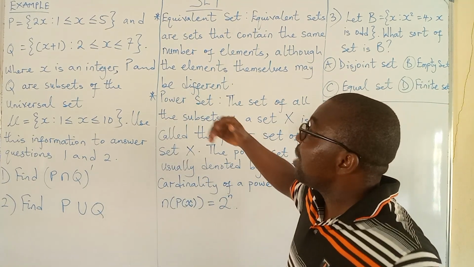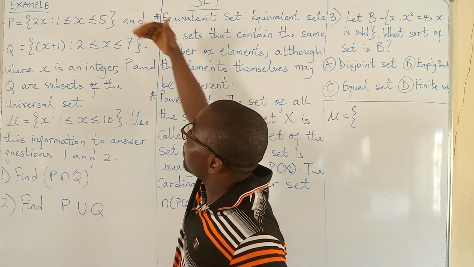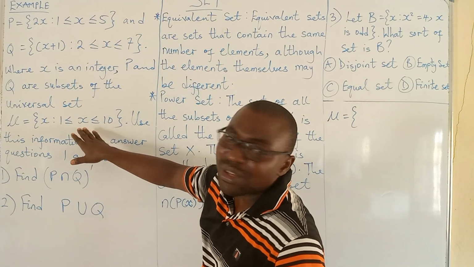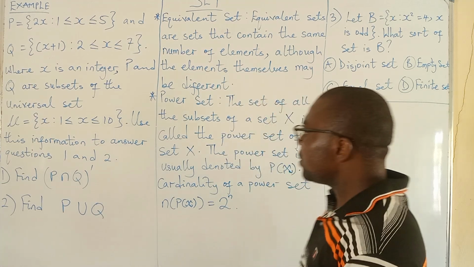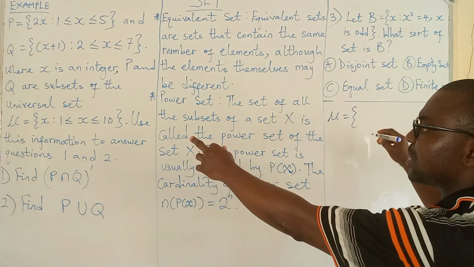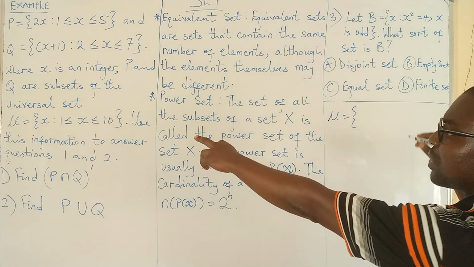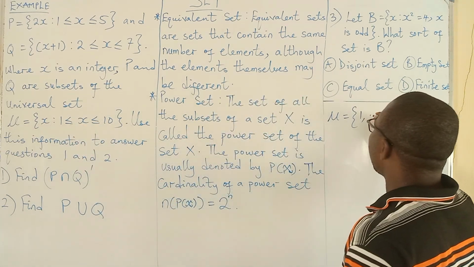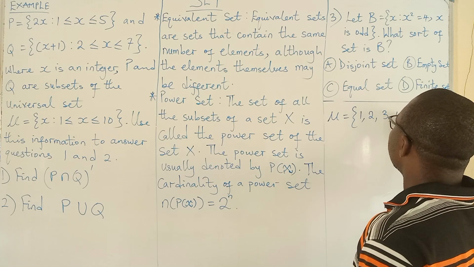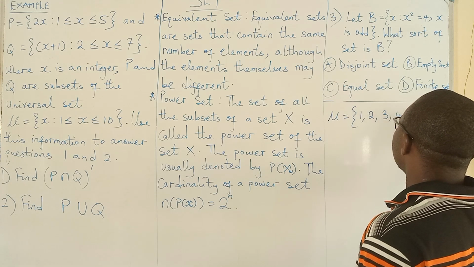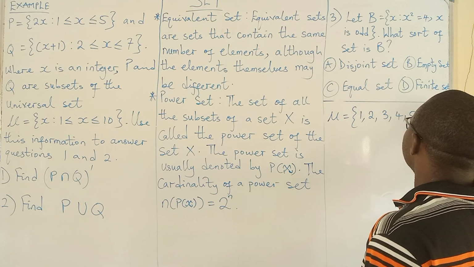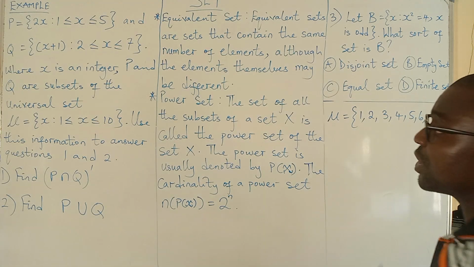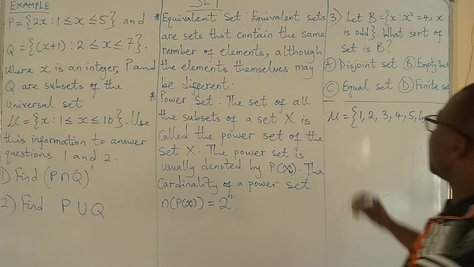So the elements of set P and set Q are gotten from the universal set. So let's define the universal set. Set of x such that 1 is less than or equal to x, so it will start from 1, 2, 3, 4, 5, 6, till it gets to 10. Those are the elements of the universal set. And now let's look at P.